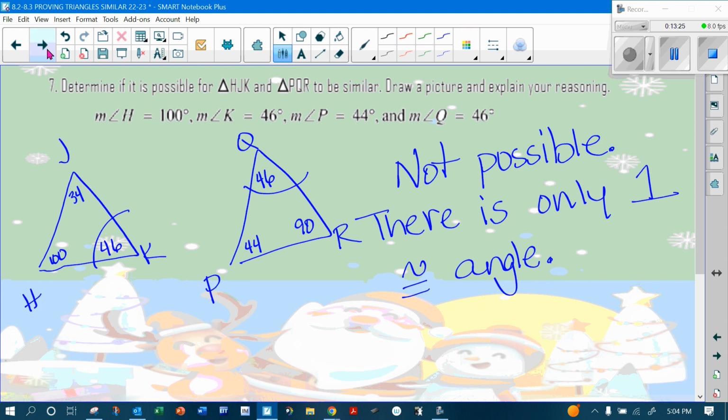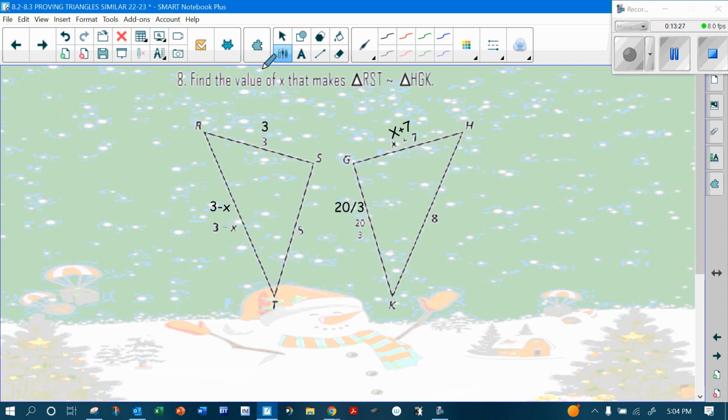Okay. All right. Last one says find the value of x that makes these two triangles congruent. It may be a little hard to read on your paper, so I tried to type it over so that you can actually see what it says. So I know that RST is my 1, 2, 3. HGK, so that's my 1, 2, 3.